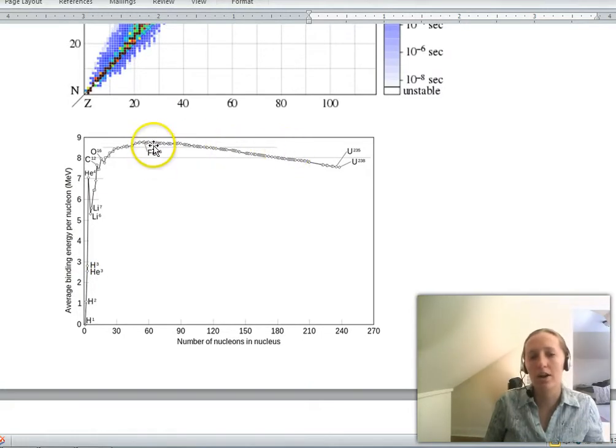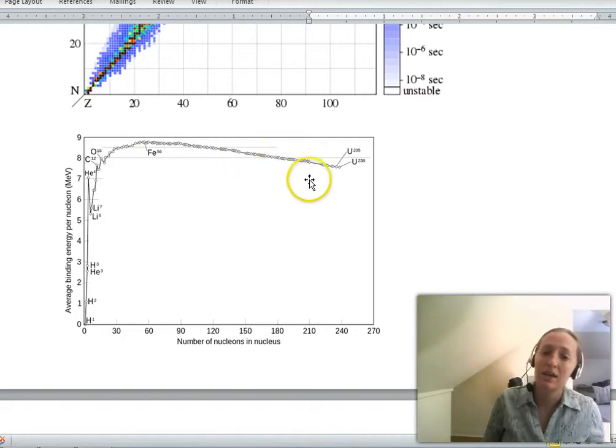These would require energy input in order to fuse them overall. So you don't really get any fusion past iron 56. But because it's going down, if you can go backwards, you can get energy from fission, going to the left from the right-hand side of iron.